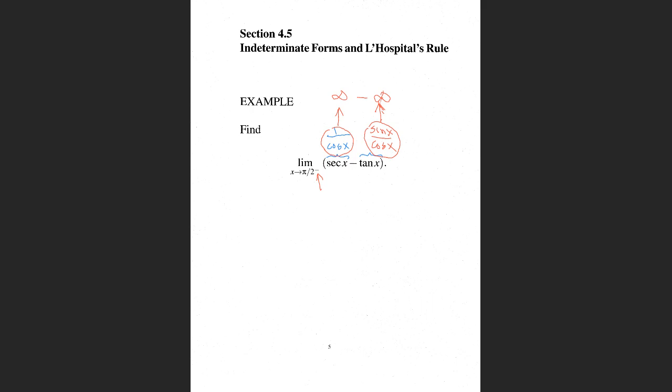So what do you think might be a good strategy? If I'm going to use L'Hopital's rule, I need to have a function f over a function g. So what might be a good strategy with these two fractions that have the same denominator? What could we do with them?